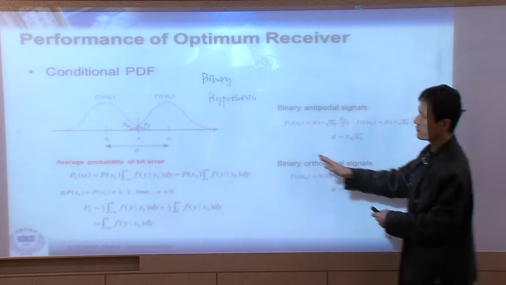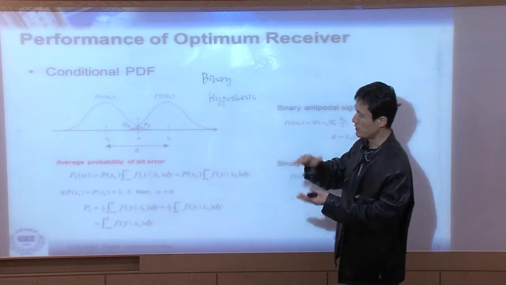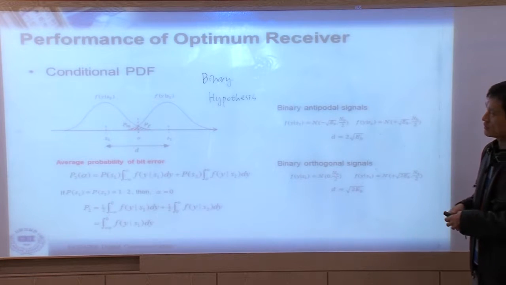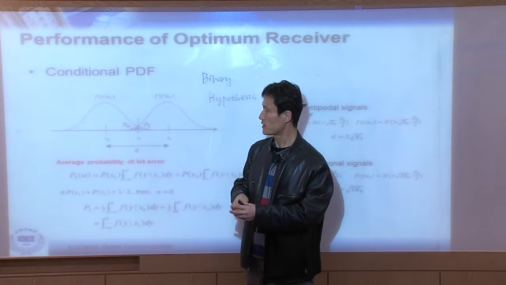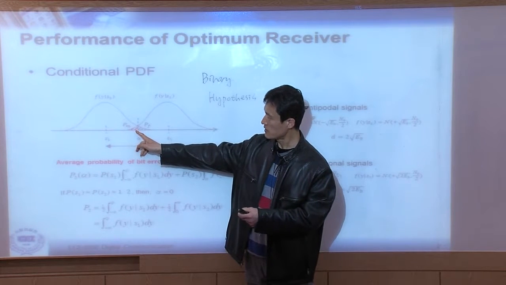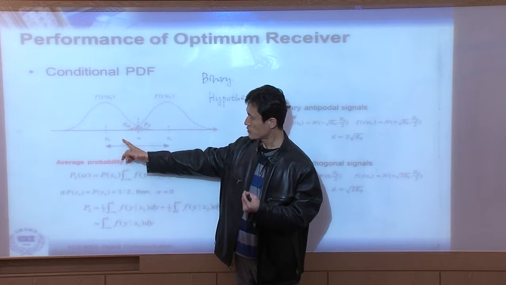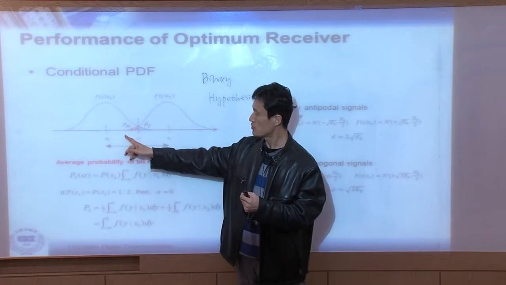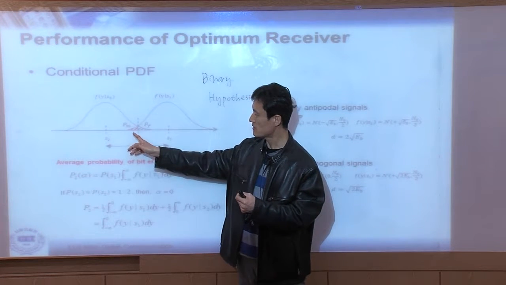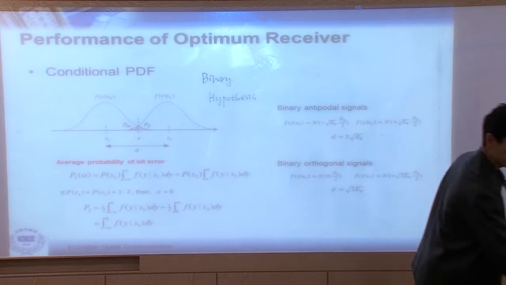Based on these probability density functions, and X is the amplitude, what we are trying to figure out is to calculate this error probability. This red part is the case when S1 is transmitted, but unfortunately a lot of big noise is added, so the receiver detected it as S2. That's an error case, right?